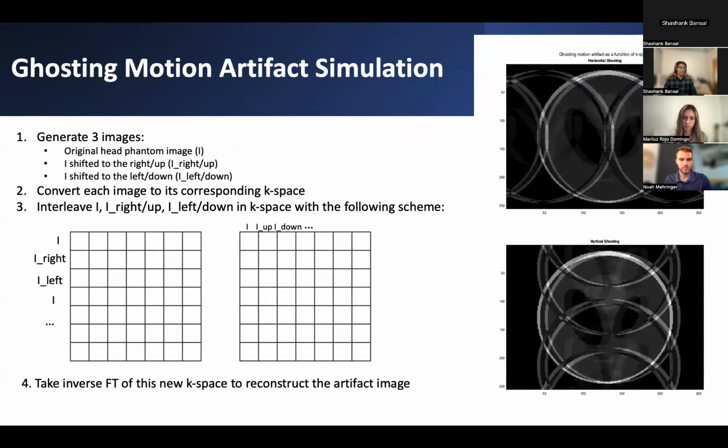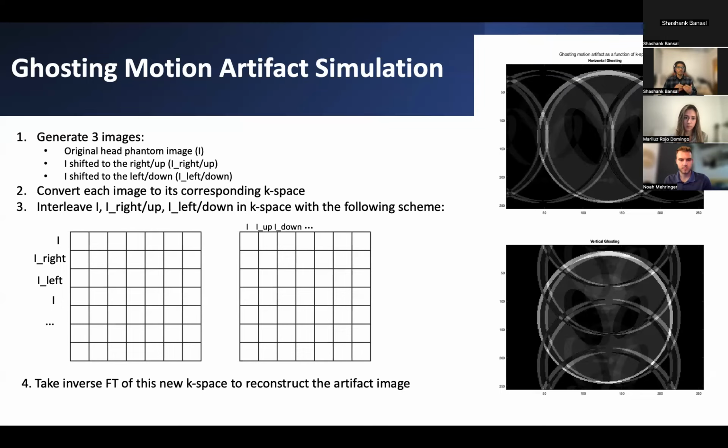How we simulated this was we generated 2 images. The first was a phantom image, just a regular phantom in MATLAB. The second was the original image shifted by a distance d towards the right or up, depending on what kind of ghosting we're trying to go for. There are 2 types of ghosting here, horizontal, which is in the phase encoding direction, and vertical, which is in the frequency encoding direction.